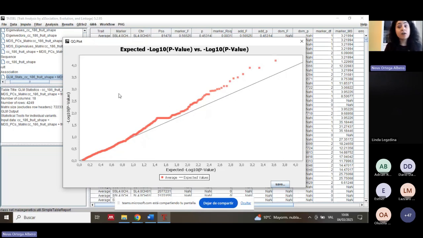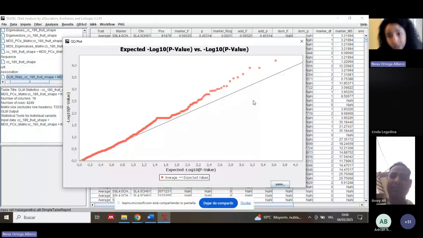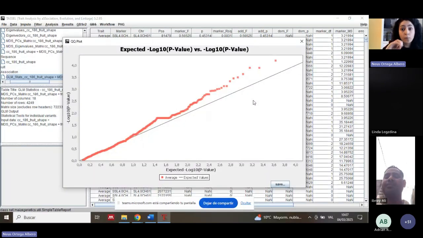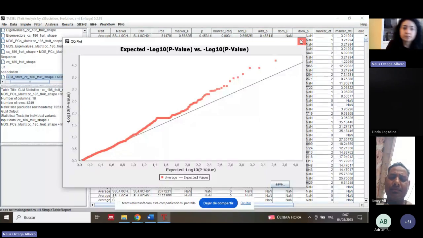If some QTL is associated with the trait, what we will see is that the points go far from the expected values. In this case, we can see that the tendency of the dots is following the expected values. There are no points that are very far away from the expected values. That could mean that no QTL is statistically related to the trait.